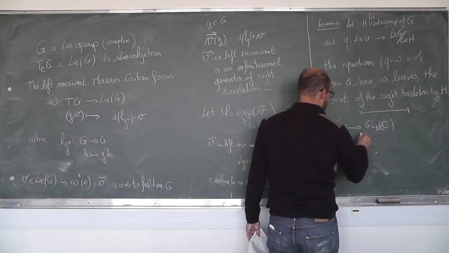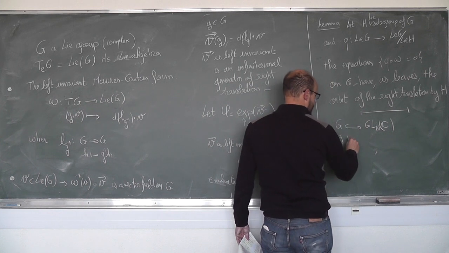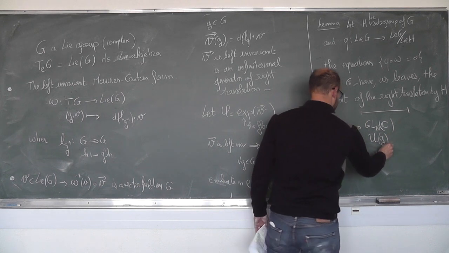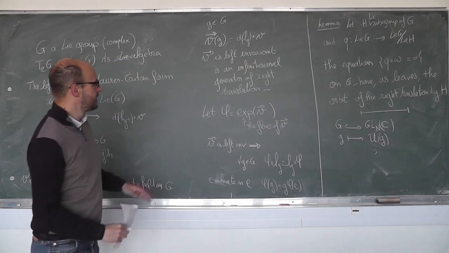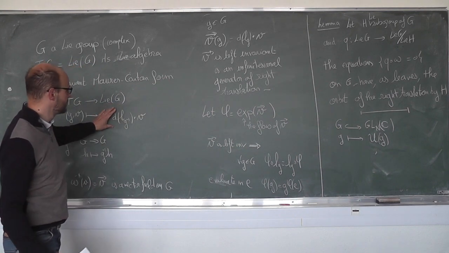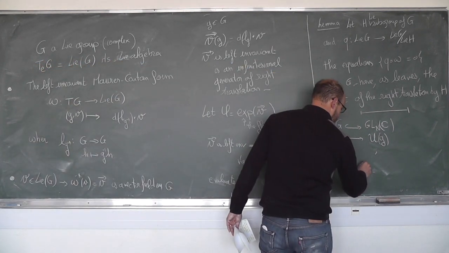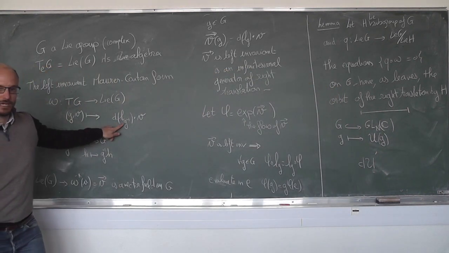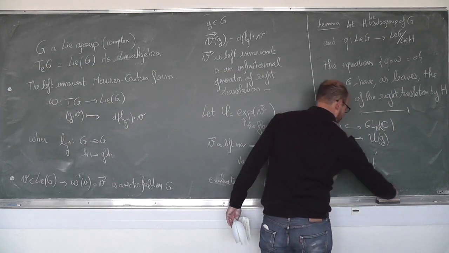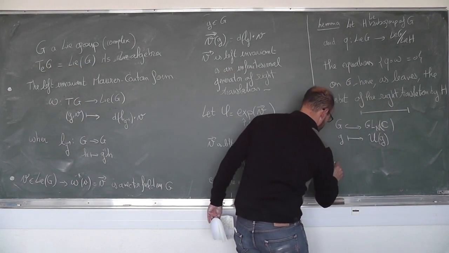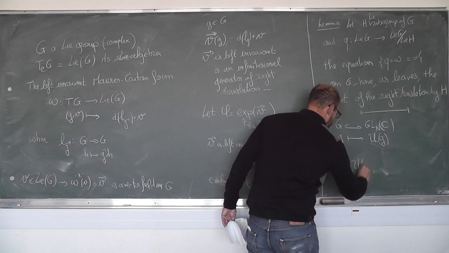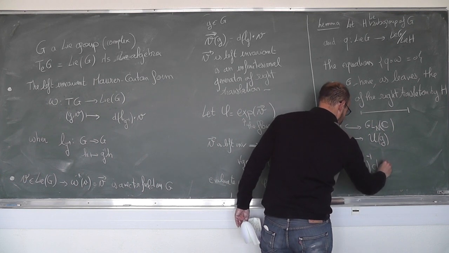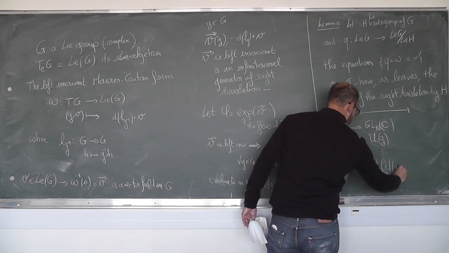I will call u the map sending an element g to a matrix that depends on g. Then your Maurer-Cartan form here is just looking at the coordinates of the vector and the left multiplication by g minus 1. I will write omega is just u of g minus 1 d u of g.